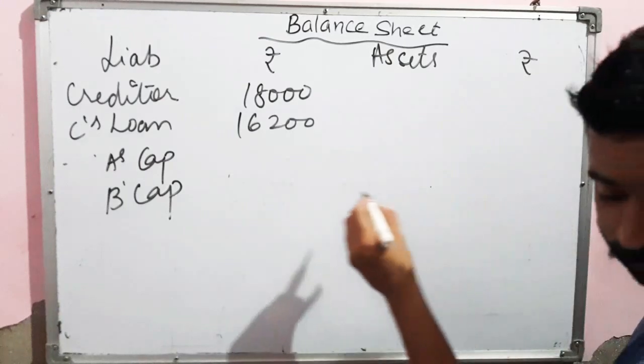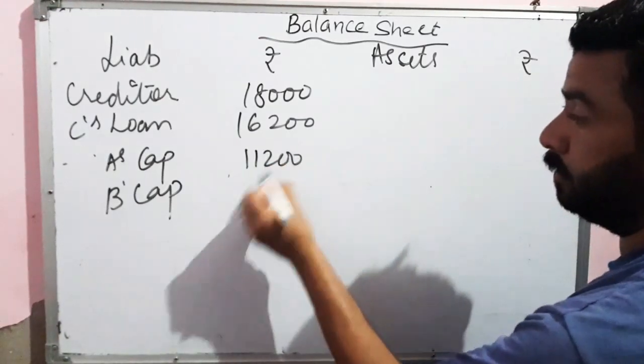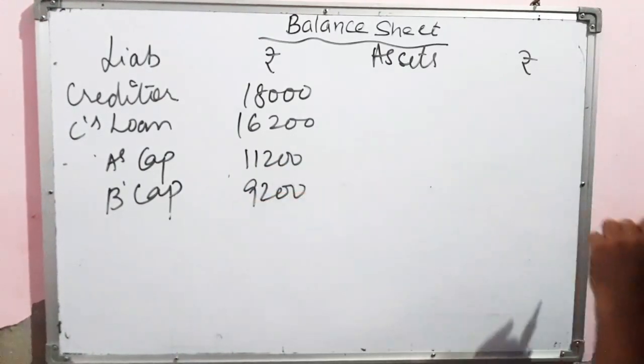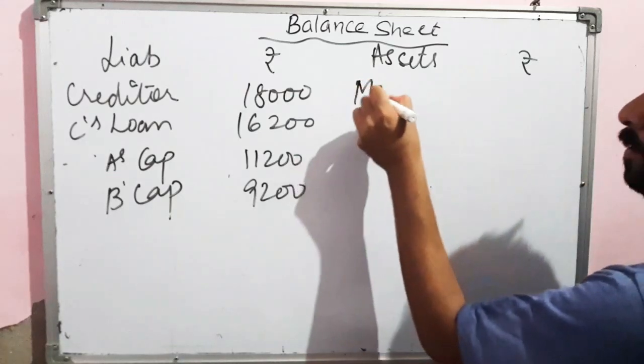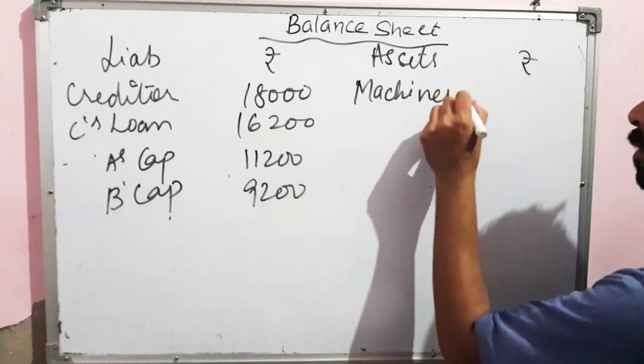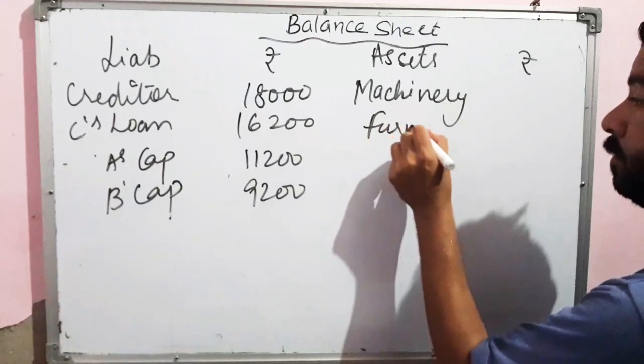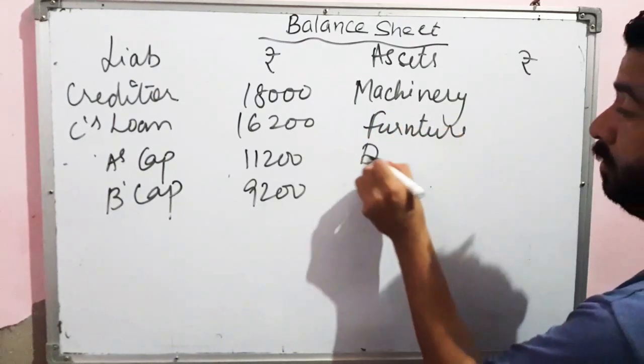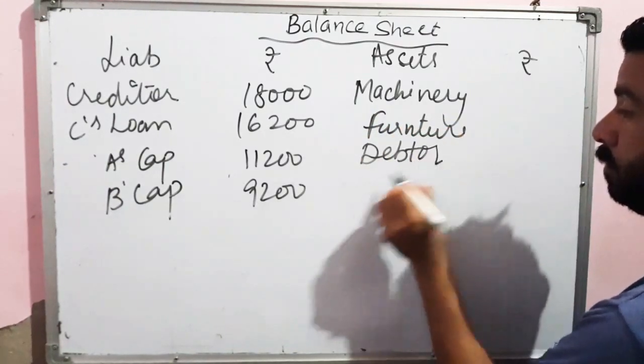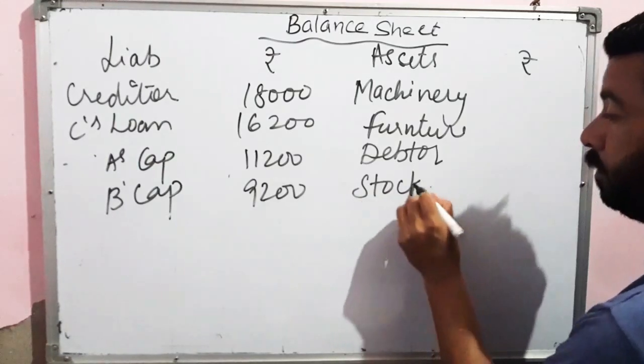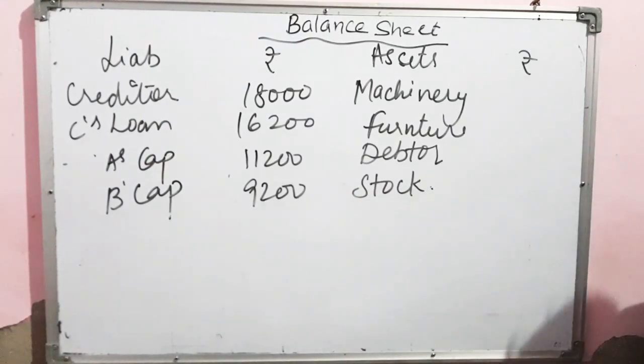Clear? Next is the machinery, furniture, debtors, stock. You must remember that in the balance sheet we will put only the revalued values that were provided in the additional information.